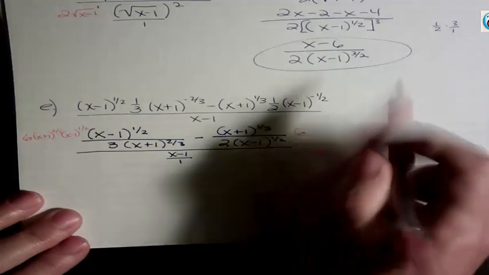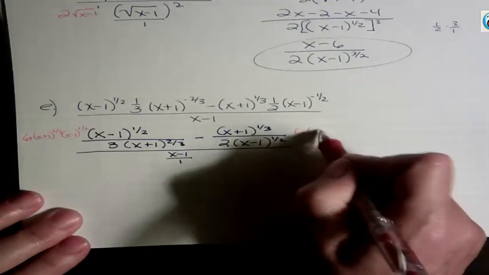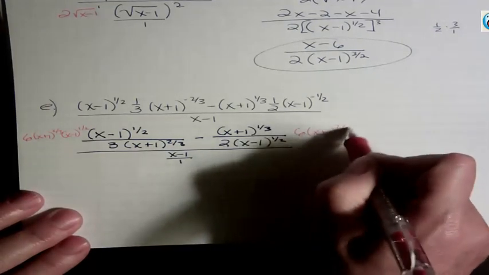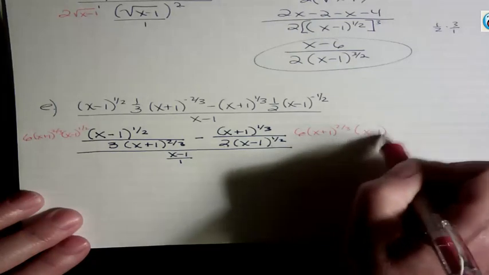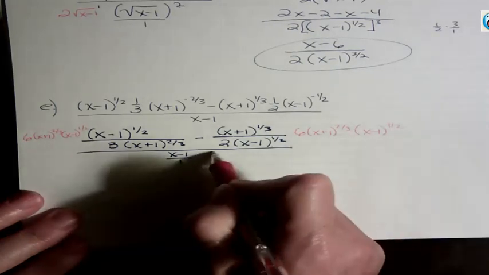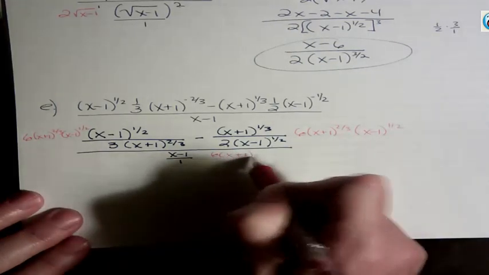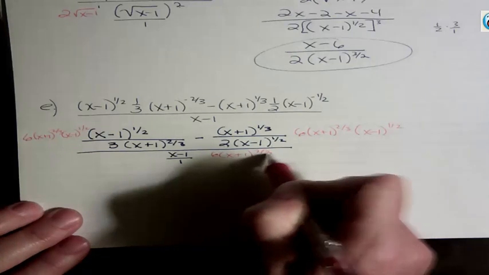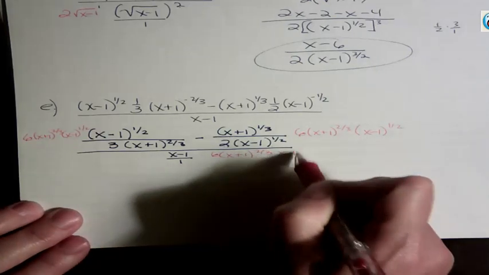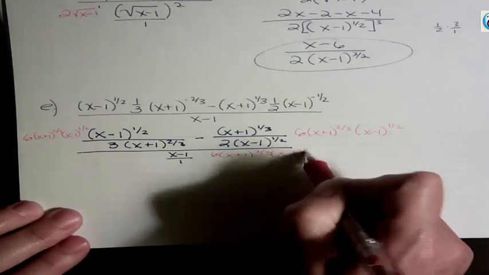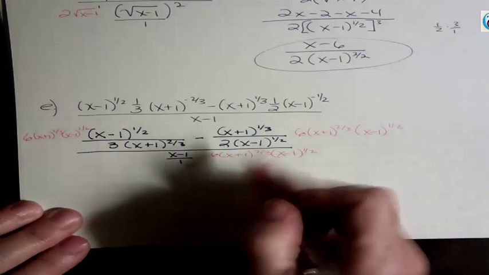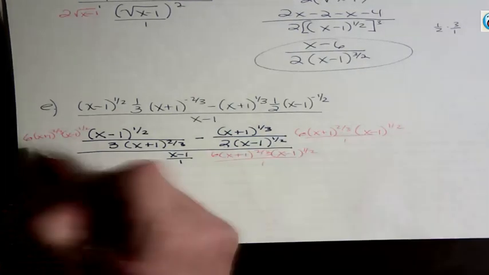Don't get lazy here. Go ahead and write down what you're actually multiplying. It's easy just to go, oh yeah, I'll just do that all at once, but that's when people start making mistakes. So don't do it. Okay, so that's my LCD. That's what I'm multiplying everything by.